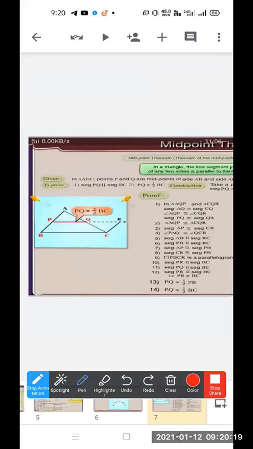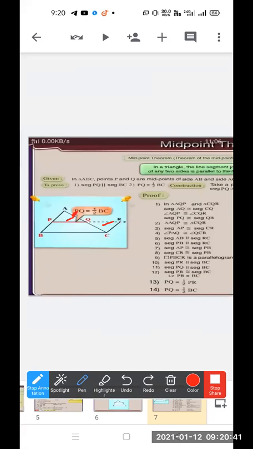Now see here, children, in triangle AQP and triangle CQR.